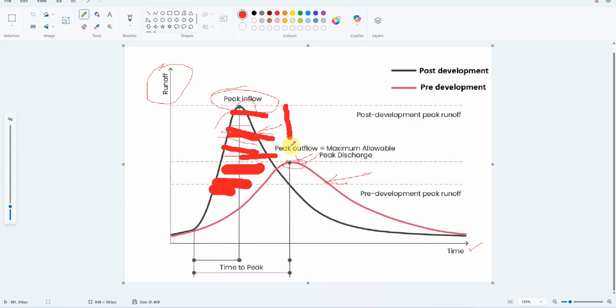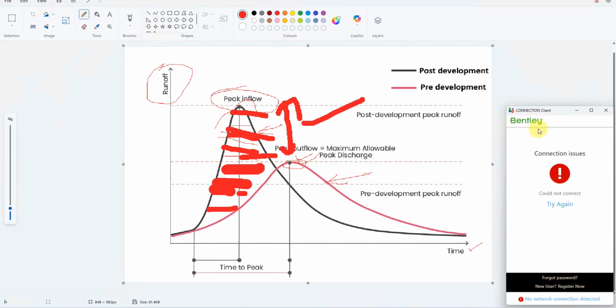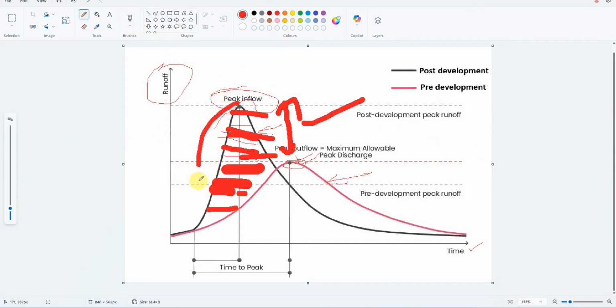This is the peak it generates additionally from this hardscape development, and this is the runoff volume additionally which the site generates, which needs to be managed as a storm drainage engineer.